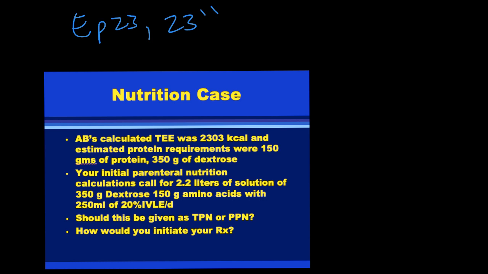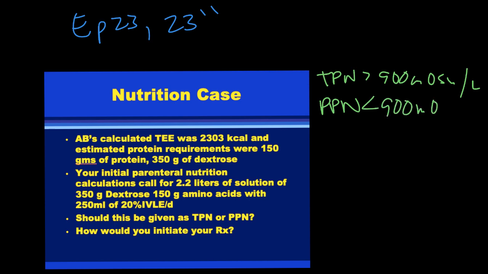So remember that TPNs can allow greater than 900 milliosmoles per liter, whereas PPN, or peripheral parenteral nutrition, necessitates less than 900 milliosmoles per liter. Otherwise, if it's greater than 900, you'll have to use TPN. So will we have to use TPN or PPN? The way we use this is by calculating the total milliosmoles per liter of each constituent.